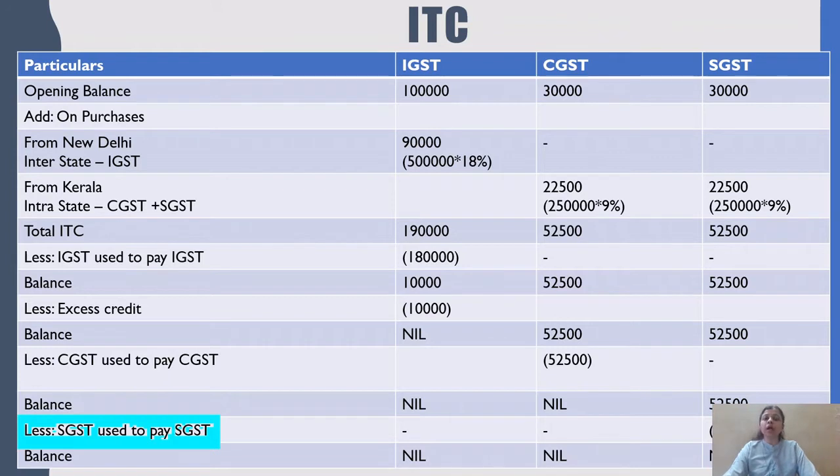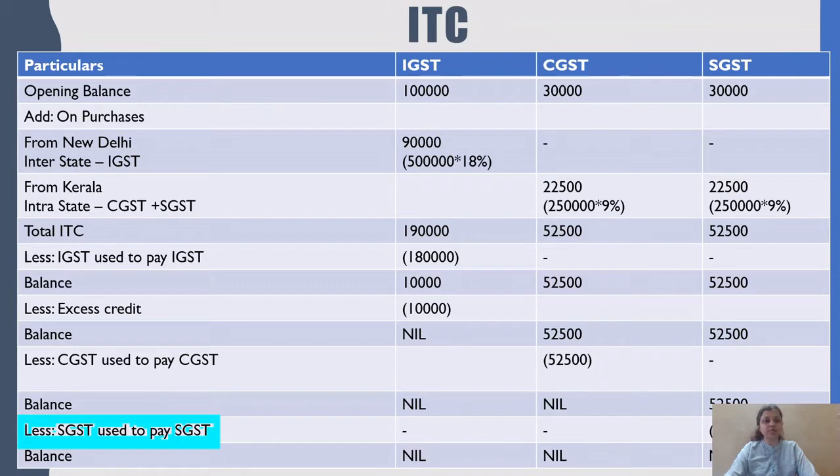So at the beginning under IGST, we were having the input tax credit of rupees 1 lakh. Further, 90,000 was paid for the purchases which were made during the month. So the total credit which is available for the month is 1,90,000. Same way for CGST, initially the credit of rupees 30,000 was available.